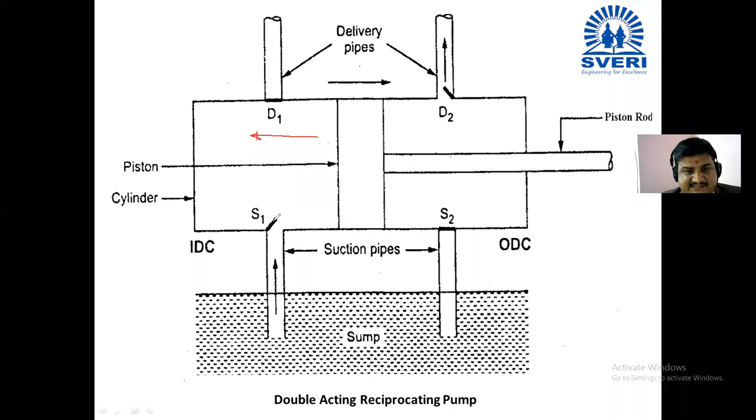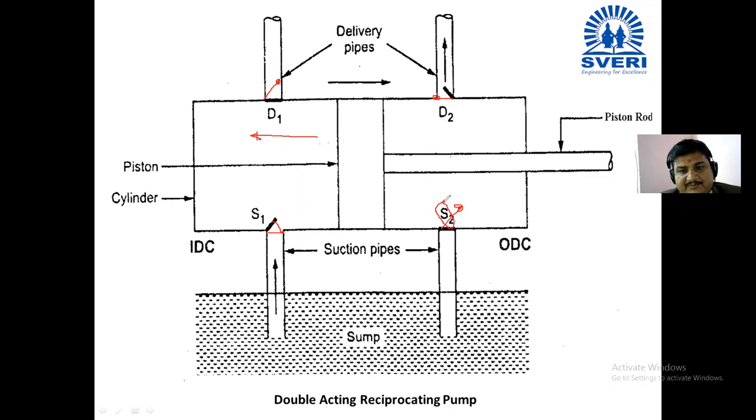In that case, this S1 valve is going to get closed, D1 valve is going to open, S2 valve is going to open, and D2 valve is going to get closed. जब पिस्टन आगे की तरफ मूव होगा तो S1 वॉल्व क्लोज होगा, D2 वॉल्व क्लोज होगा, D1 वॉल्व ओपन होगा और S2 वॉल्व ओपन होगा.